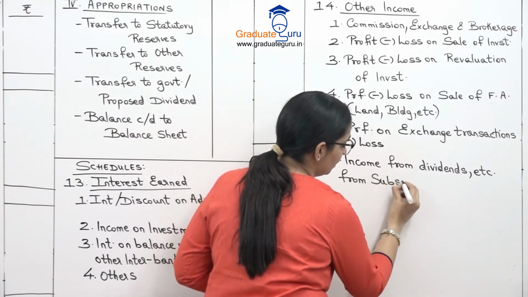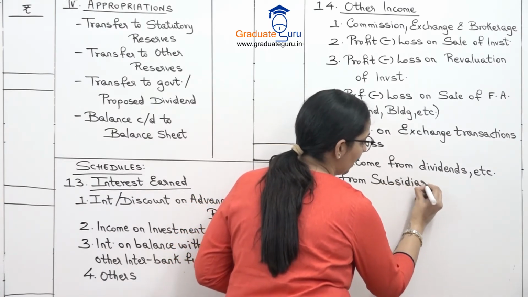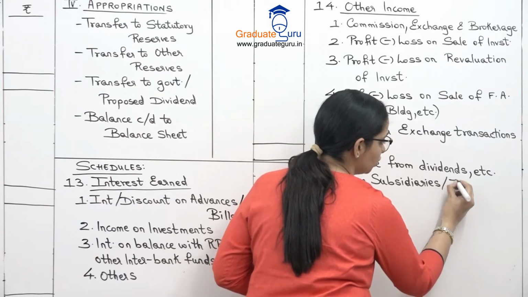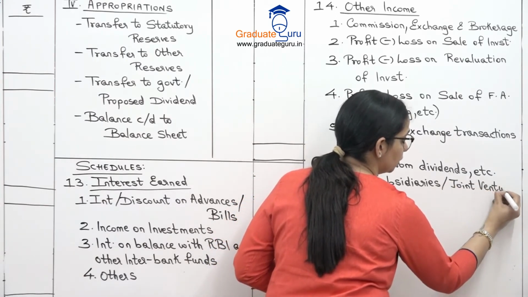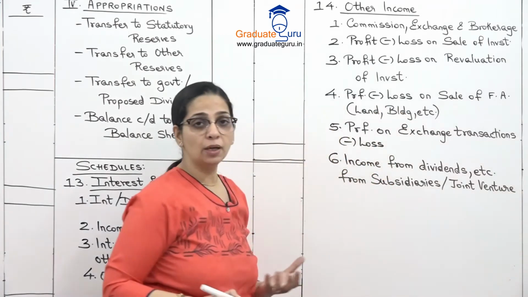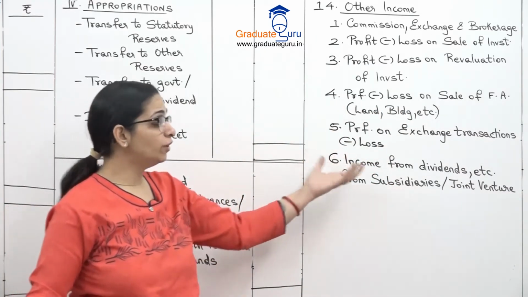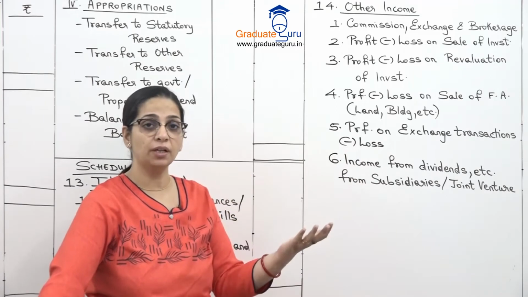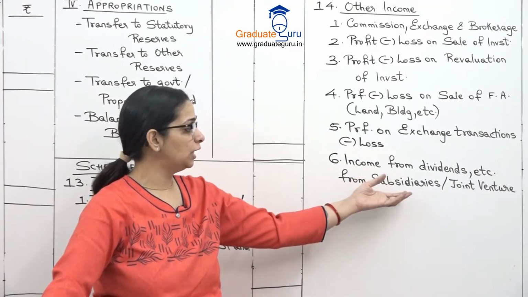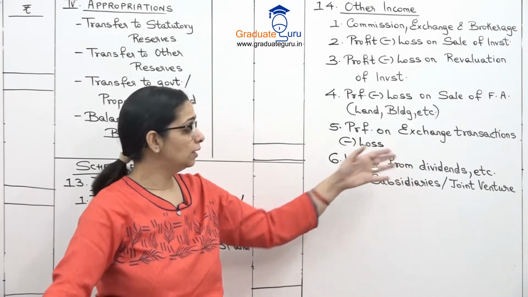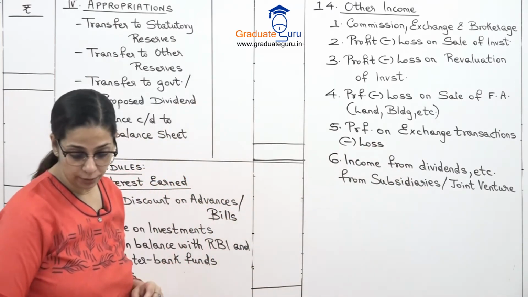We've already seen in investment that a bank can have a subsidiary or a joint venture with some other entity. So उस पर अगर हमें कोई profit हो रहा है या हमें कोई dividend मिल रहा है because we have invested in their shares and we are getting some dividend from that particular company or subsidiary or joint venture, then that will be shown separately over here.